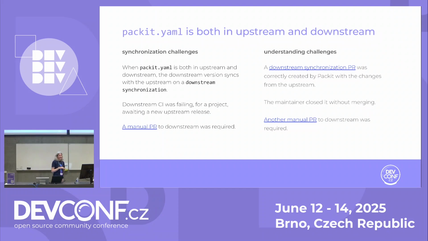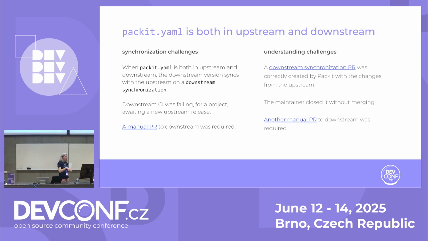The Packit config file should be updated in the upstream. And then when you do a downstream release, Packit can take the changes from the upstream and move them to the downstream Packit file.